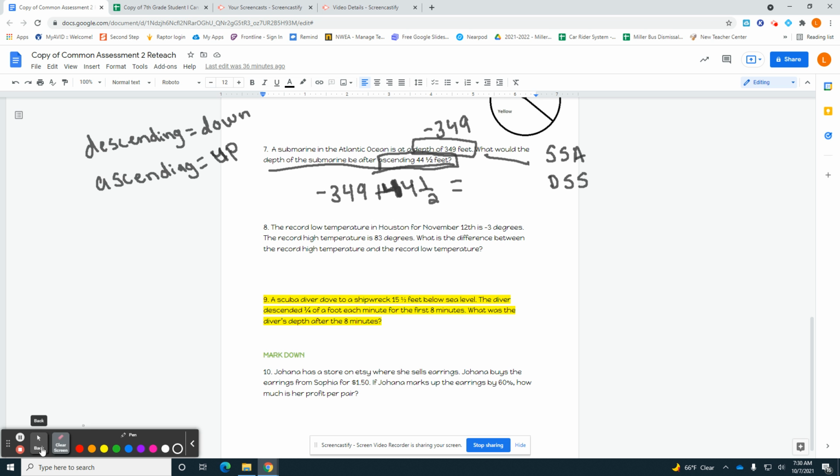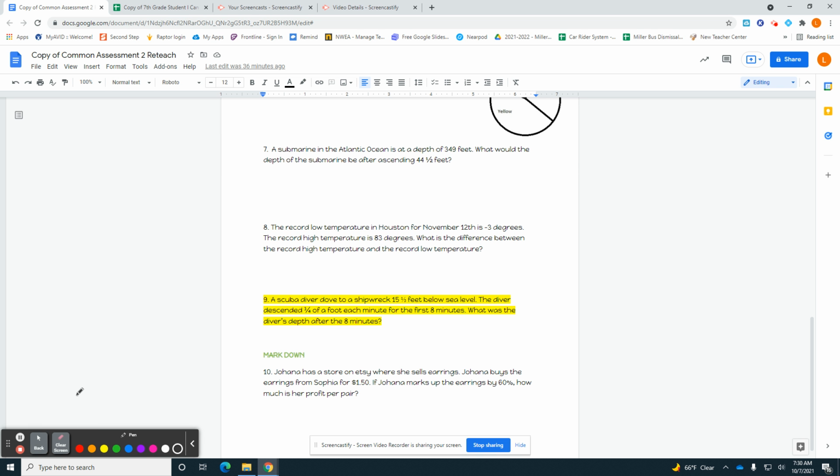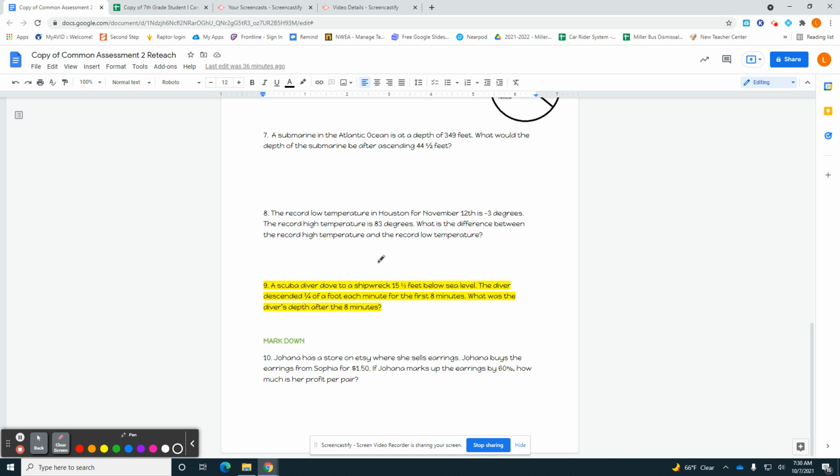Okay. So moving on to number 8. It says the record low temperature in Houston for November 12th is a negative 3 degrees. The record high temperature is 83 degrees. So the record high is 83, and the record low is a negative 3 degrees.